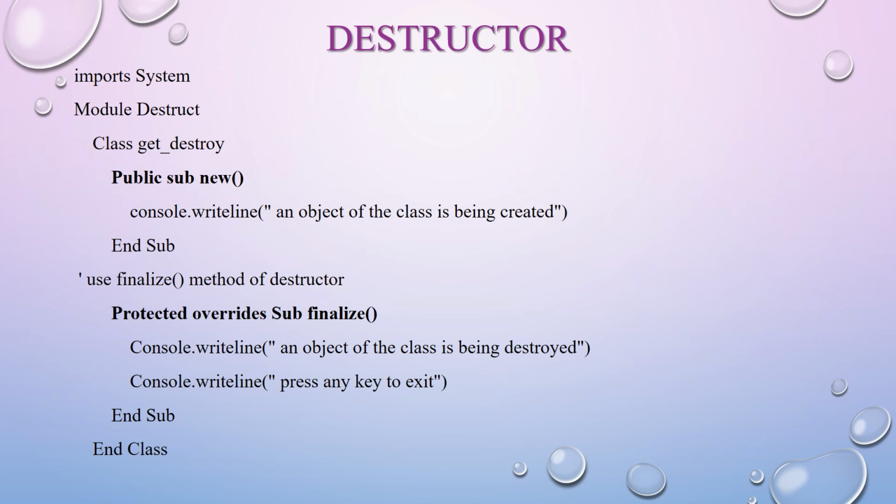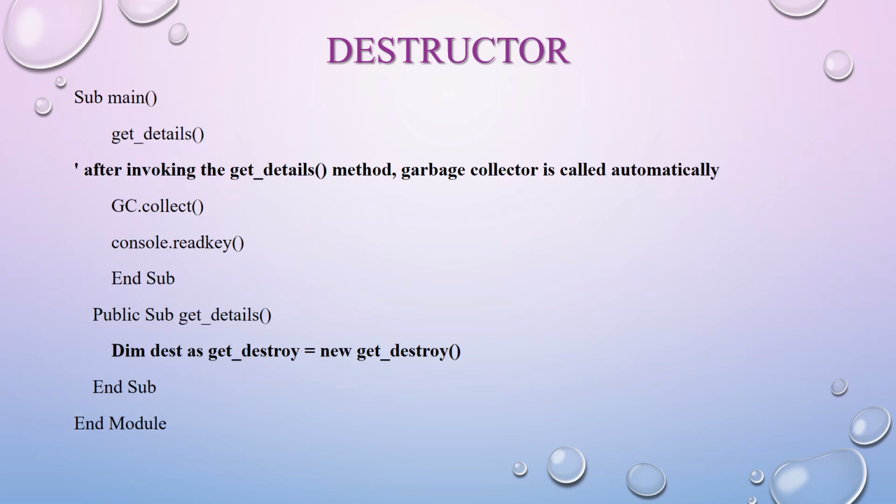Next, Protected Overrides Sub Finalize. This is the destructor. Defined using the Finalize method, it runs automatically when the object is destroyed by the garbage collector. Inside it, we print a statement, an object of the class is being destroyed. Next, the Main function.